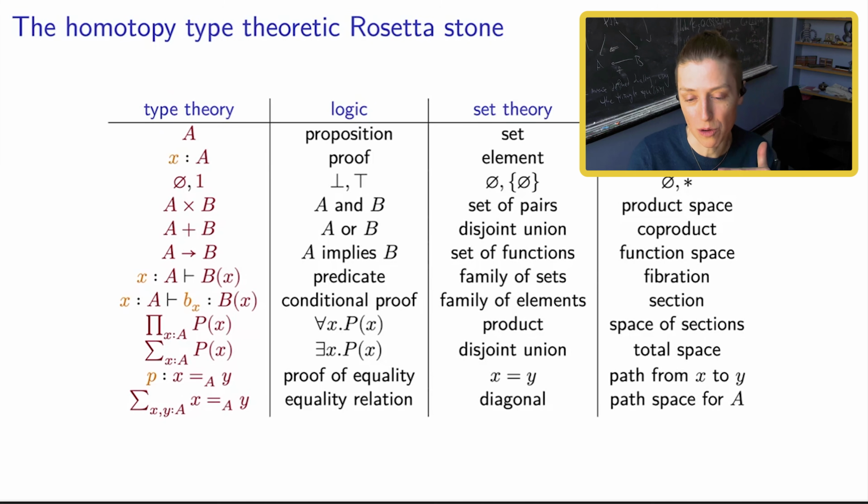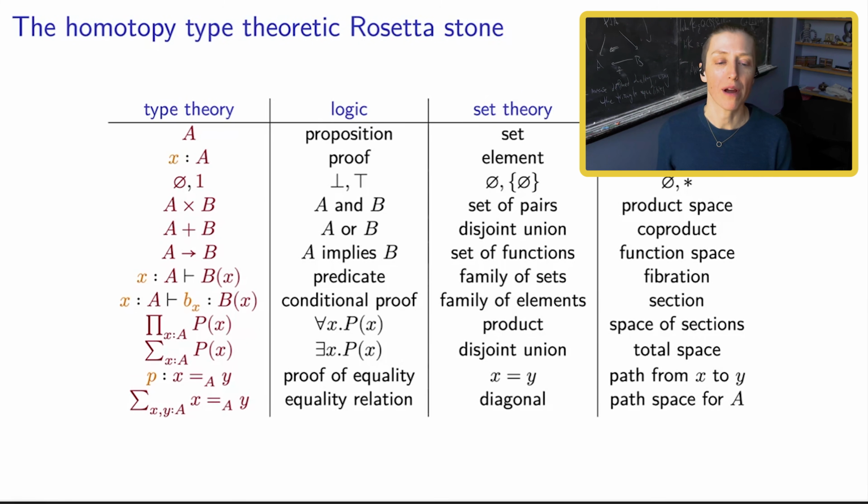And this is really what's fundamental from the homotopy interpretation. So until this discussion of identity types, the homotopy theoretic interpretation is kind of evocative, but maybe not so different from the set theoretic interpretation.